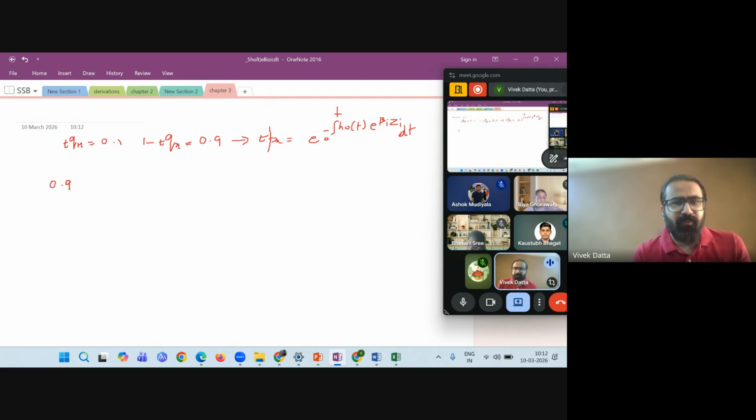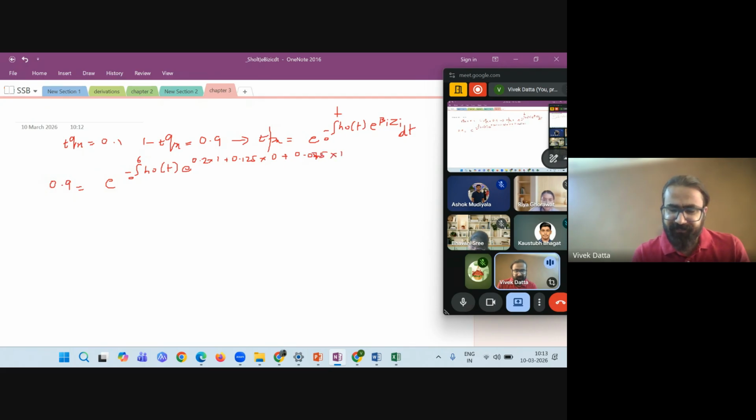So 0.9 is equal to e raised to minus the integral from 0 to 6 of h naught t. Here I'm writing in terms of months. What have I been told? The equation will be 0.2 into 1 plus 0.125 into 0 plus 0.075.